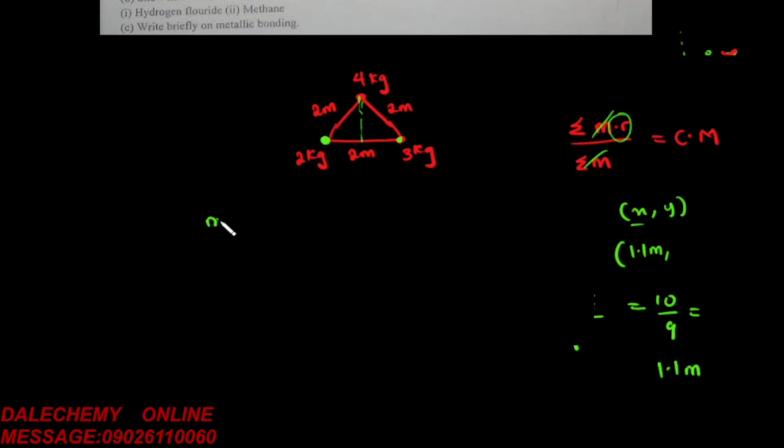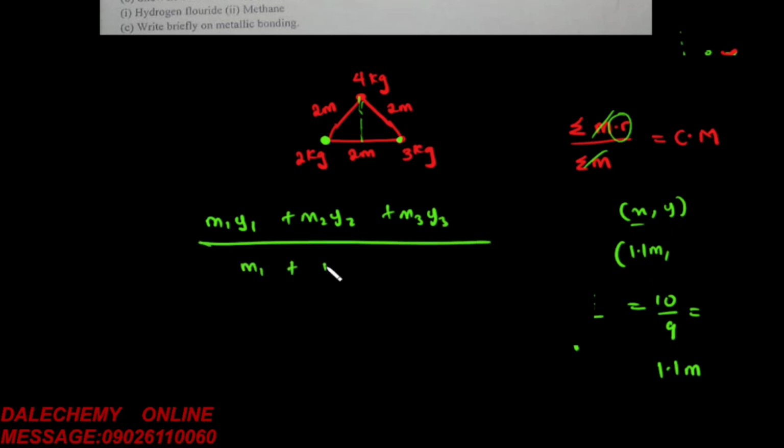So it will be m1 y1 plus m2 y2 plus m3 y3, all divided by m1 plus m2 plus m3. So for the first mass, 2 times the distance on the y-axis is 0, because it is exactly at that reference point, so that will be 0, plus m2 is 3 kg.